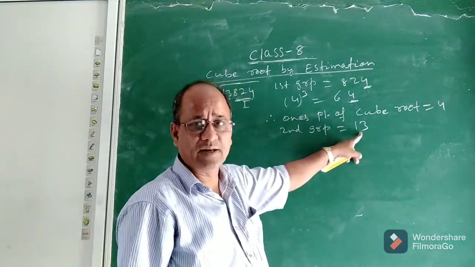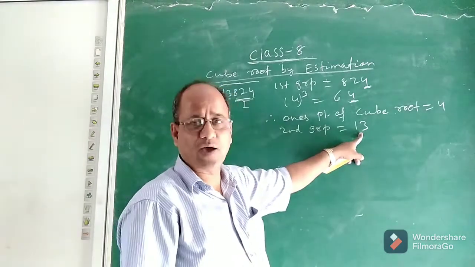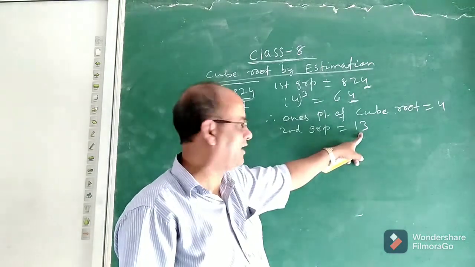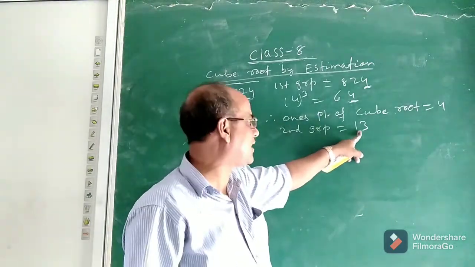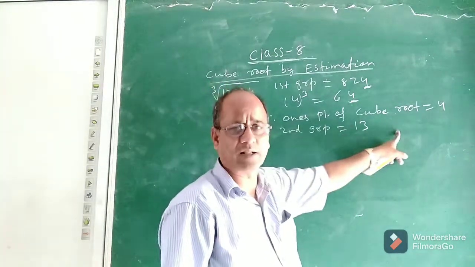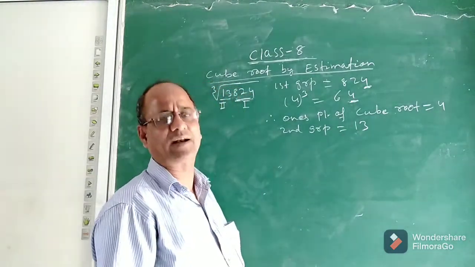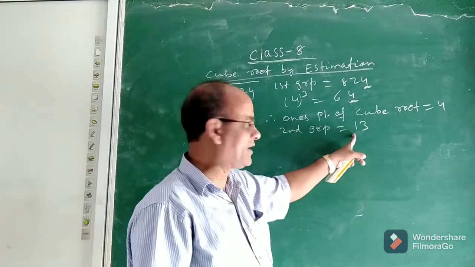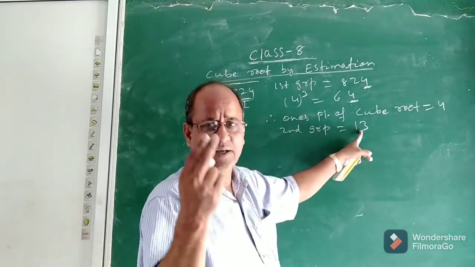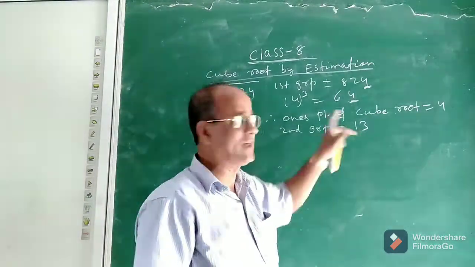As I had told you for square root by estimation, to find the nearest, one must be less than 13 and the other must be greater than 13. So tell me, children, which are the 2 nearest perfect cubes of 13?